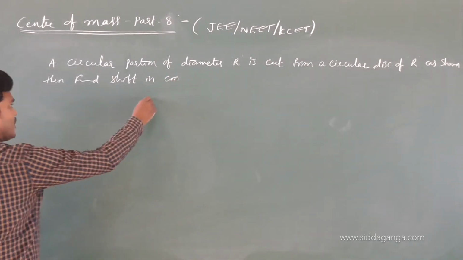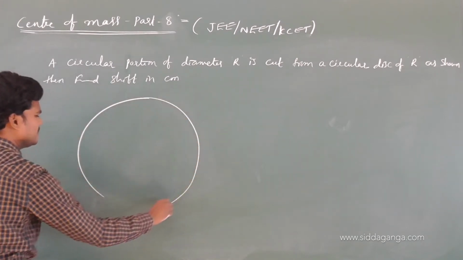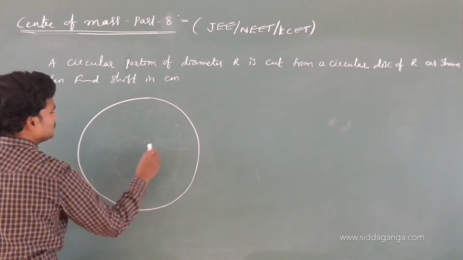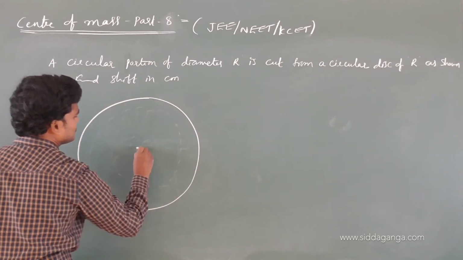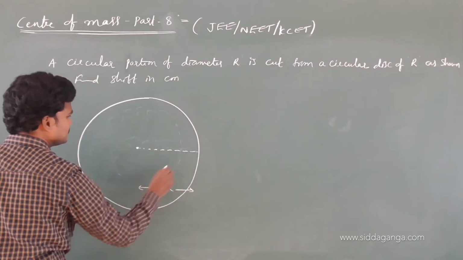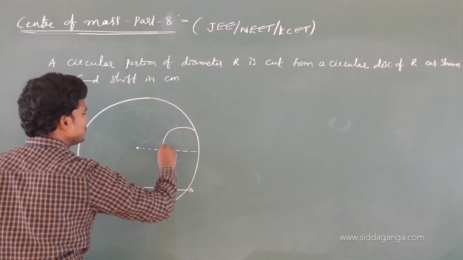Okay, here I am going to give the diagram. See, this is the circular disc. Again I use the same circular disc only, whose radius is given as R. From this, another circular portion whose diameter is R is going to be cut.